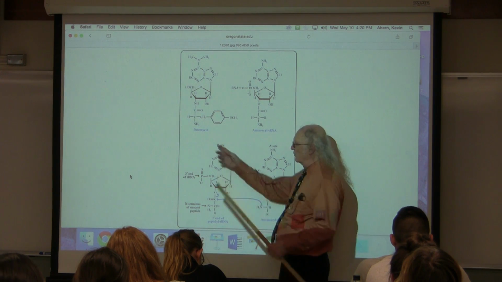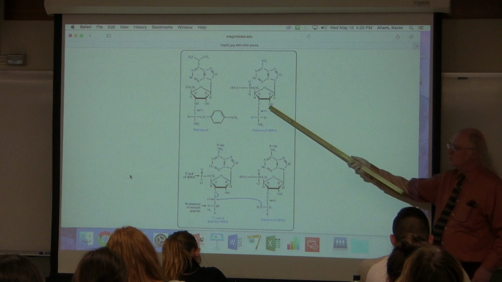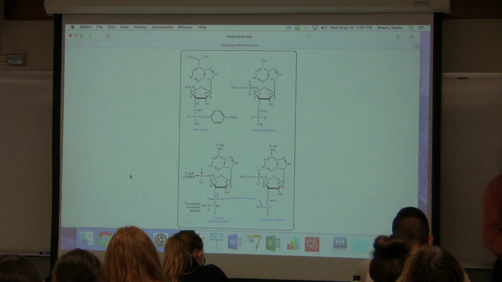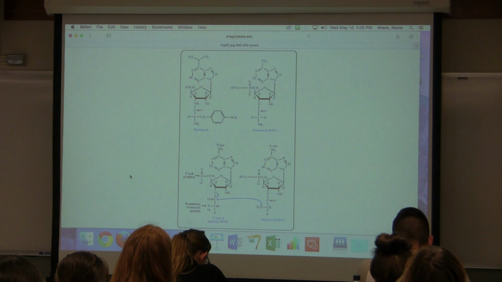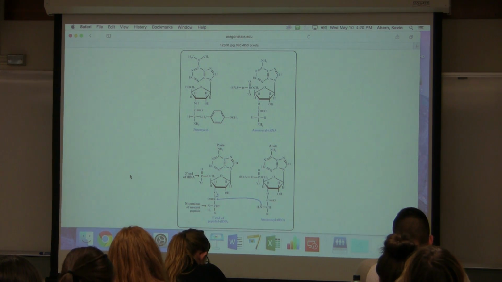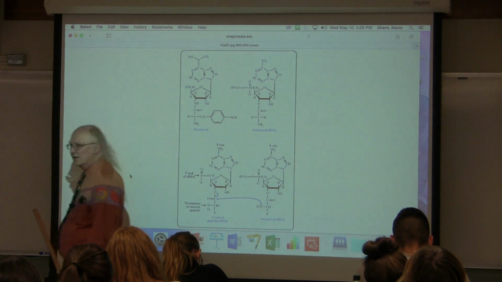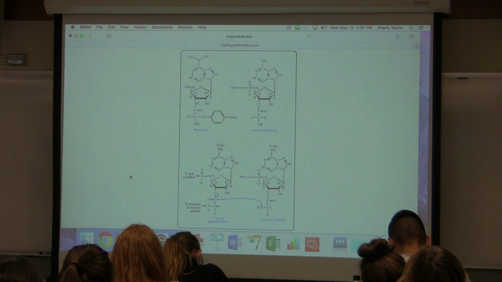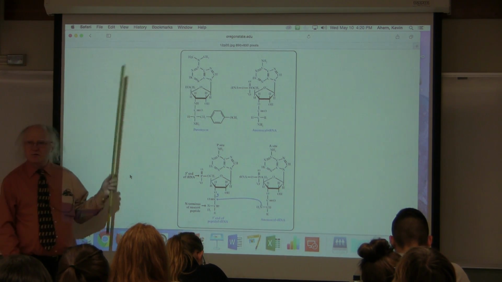Here we're making a molecule, in this case puromycin, that resembles a part of a transfer RNA. What happens is the ribosome says, oh, you're a transfer RNA, I will let you in. And puromycin gets into the ribosome, and it gums it up.